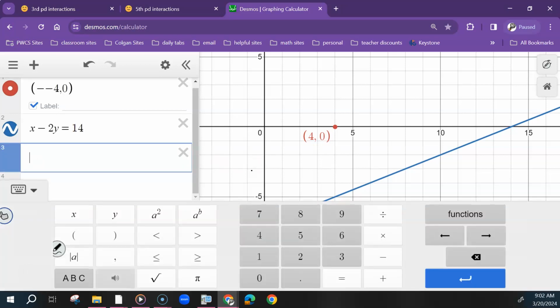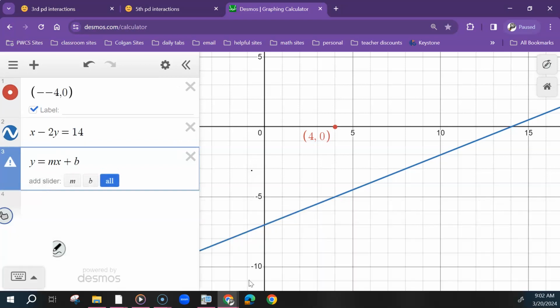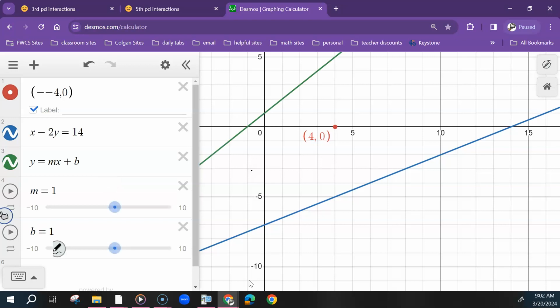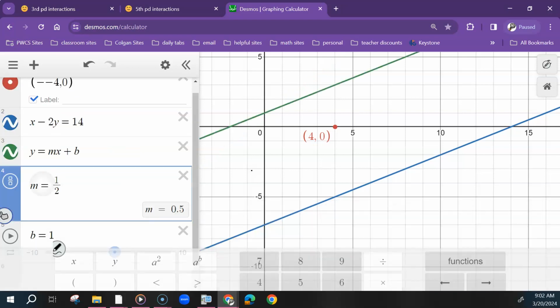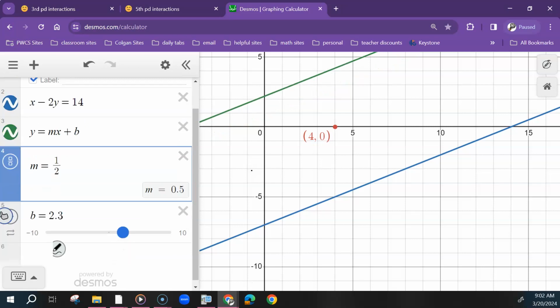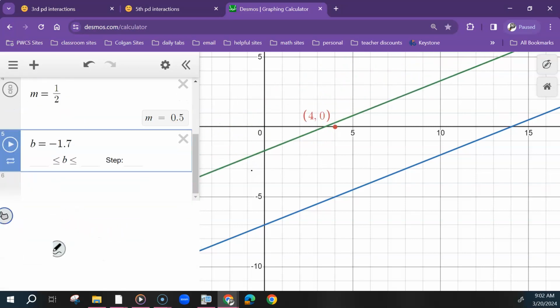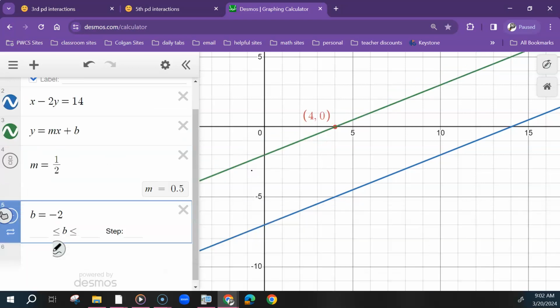And then I'm going to type in my y equals mx plus b. Add in all my sliders. Change my slope to the slope I just found, 1/2. And then move my b until it goes through that point, and that was at -2.